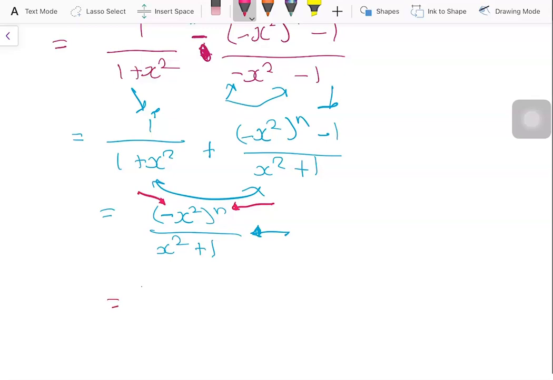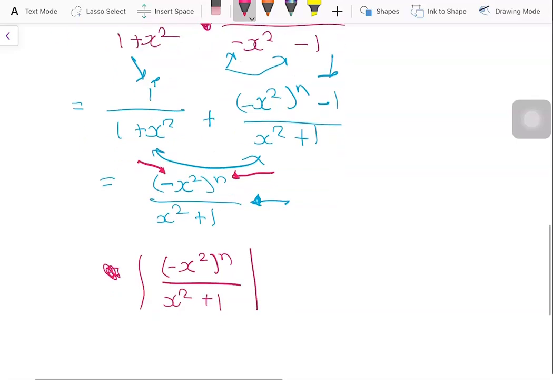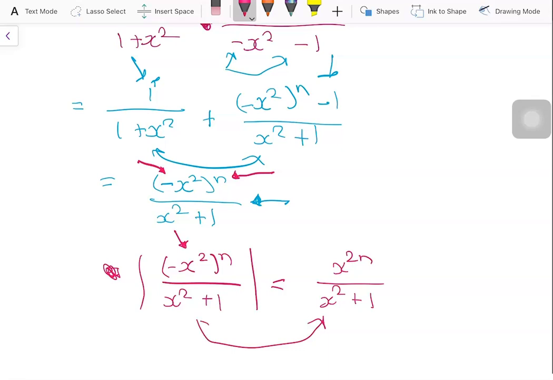So what we'll do is we'll take the absolute value of this whole number. Okay, and the absolute value is going to be positive or non-negative. So since x squared is a non-negative number, the absolute value will be the same as taking x squared to the n divided by x squared plus 1. And this is because x squared plus 1 is going to be positive.